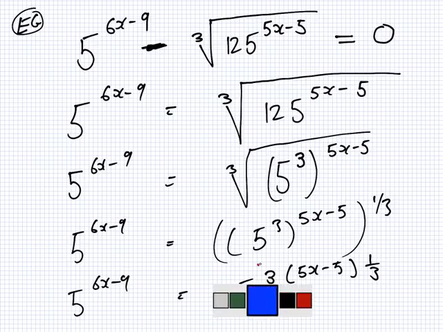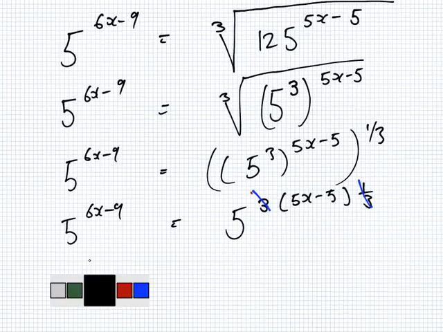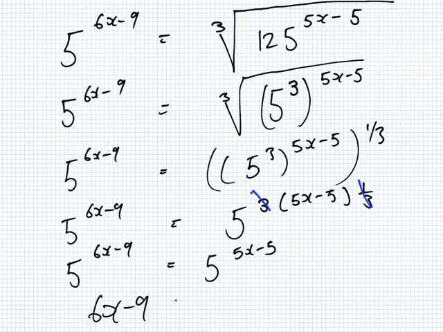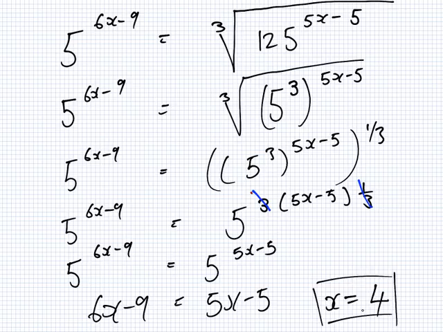So I can cancel that with that. So now I get 6x minus 9 equals 5x minus 5. So, of course, 6x minus 9 must equal 5x minus 5. This means x must equal 4. You can write that one down. That's our second example.